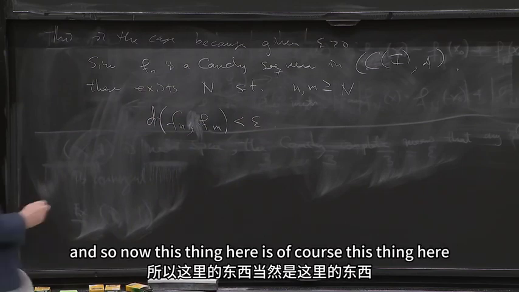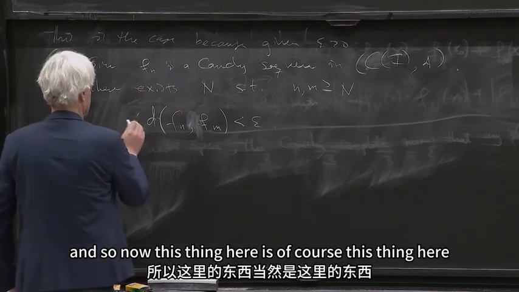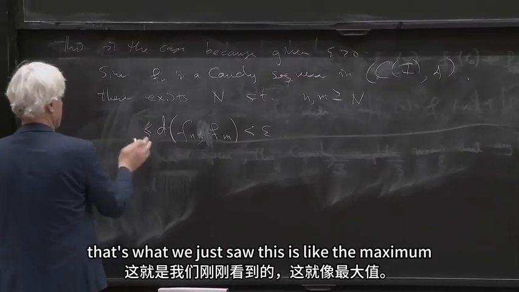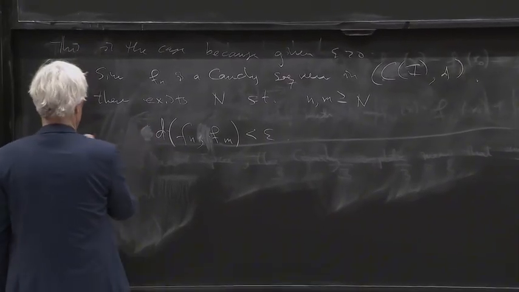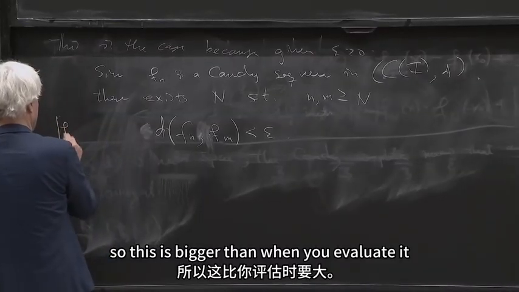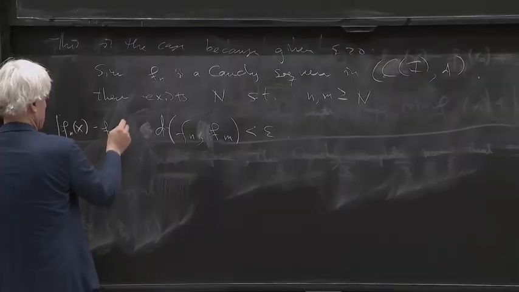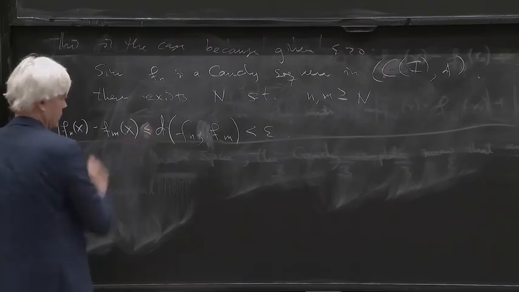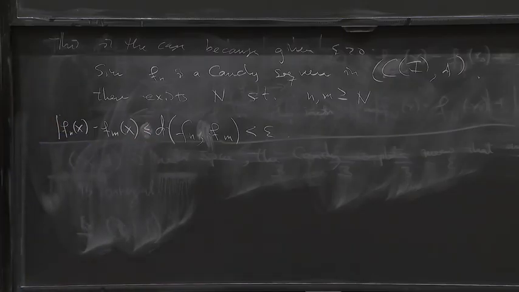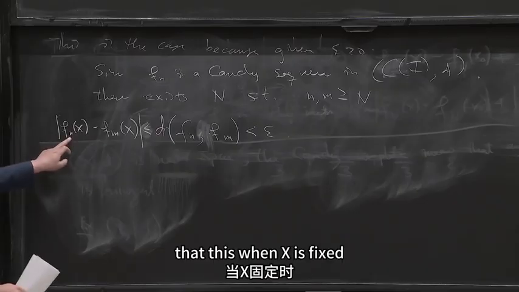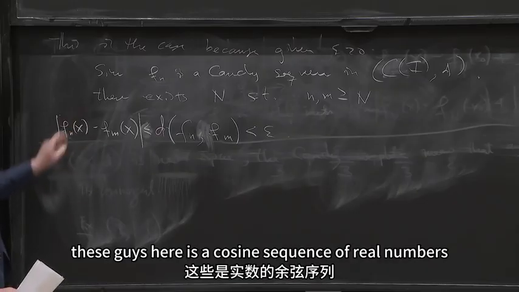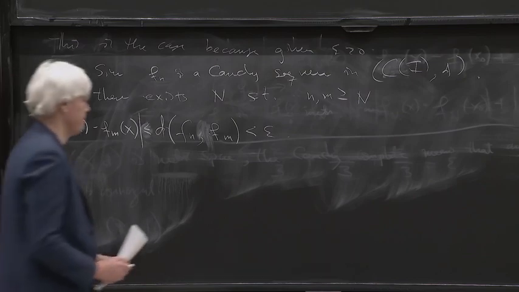And so now this thing here is, of course, what we just saw. This is like the maximum, so this is bigger than when you evaluate it in just one point. And so this proves that when x is fixed, this is a Cauchy sequence of real numbers.